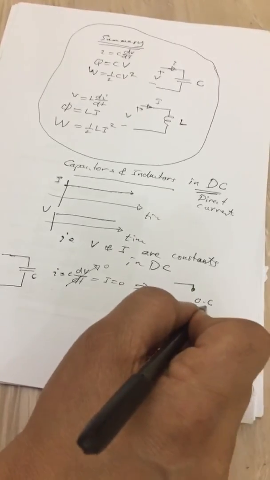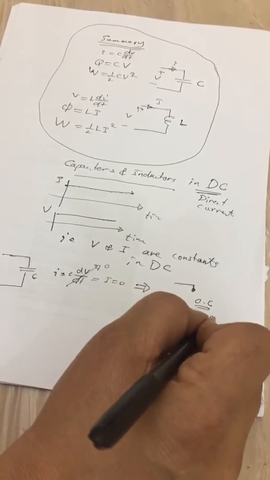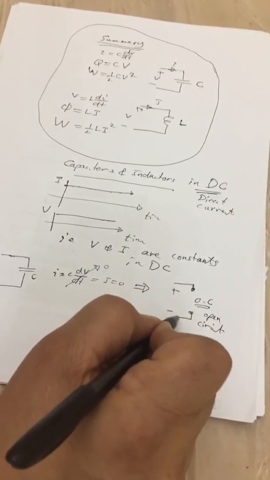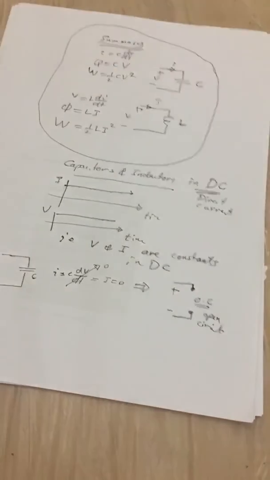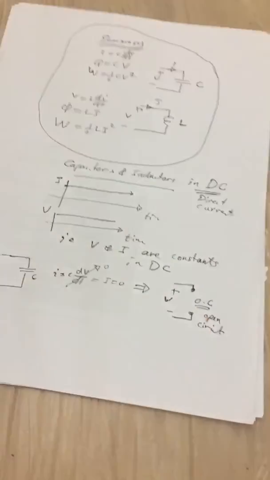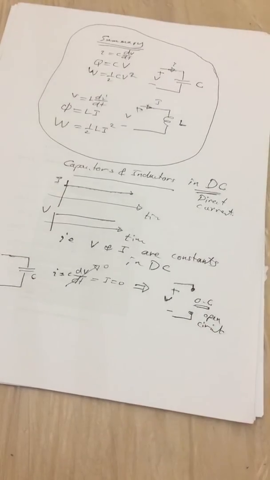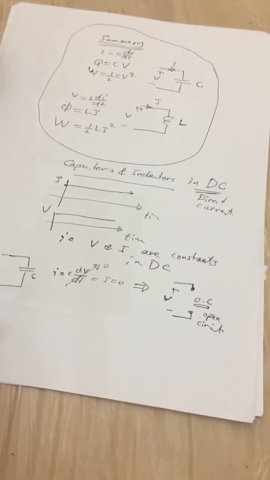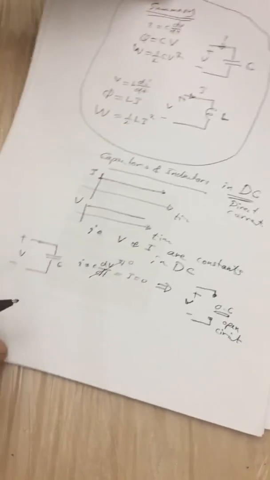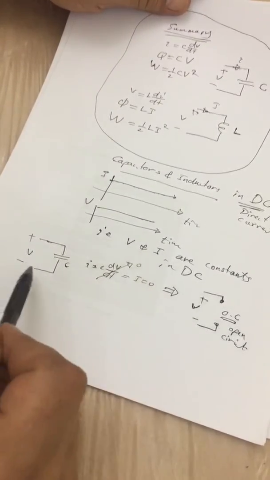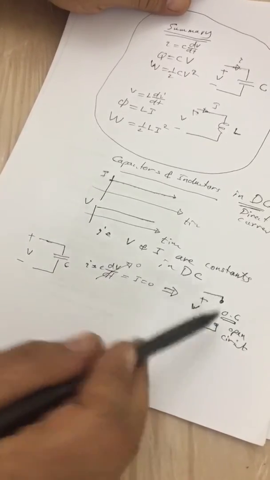We call this open circuit. Open circuit means we have no current, but we have a voltage. So if we have a capacitor in a DC circuit, it will act as an open circuit. It has a voltage, but there is no current.